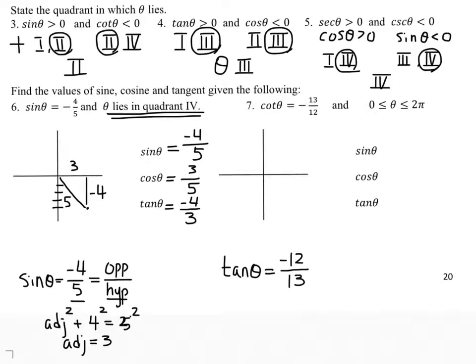And I know theta is going to be between 0 and 2 pi. So where can I find a negative number for tangent? Well, between 0 and 360, there could be 2 answers for this one, because for tangent to be a negative value, it's either going to be in the 2nd quadrant or the 4th quadrant.